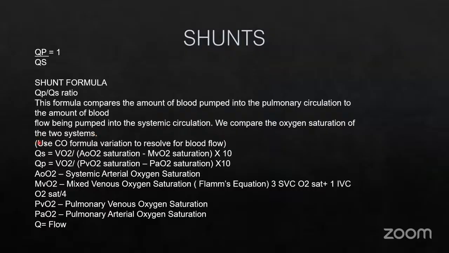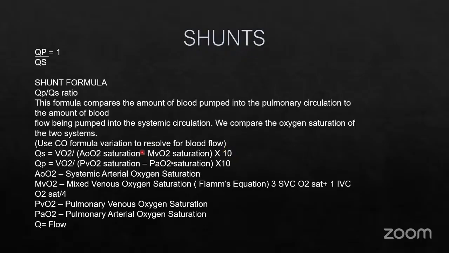We're going to use the cardiac output formula to resolve for the blood flow. So QS, which is the systemic flow, is going to be VO2 divided by the AO saturation minus the mixed venous saturation, times 10.